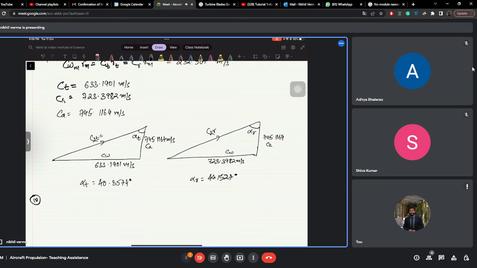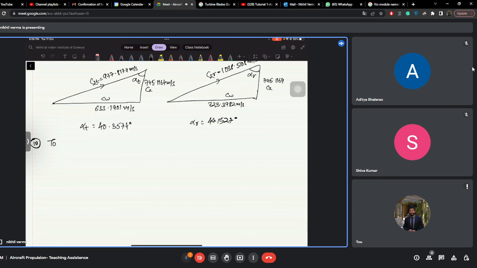That is just, this is some 977.8174 meters per second, and CR2 is this, your 1038.5108 meters per second.